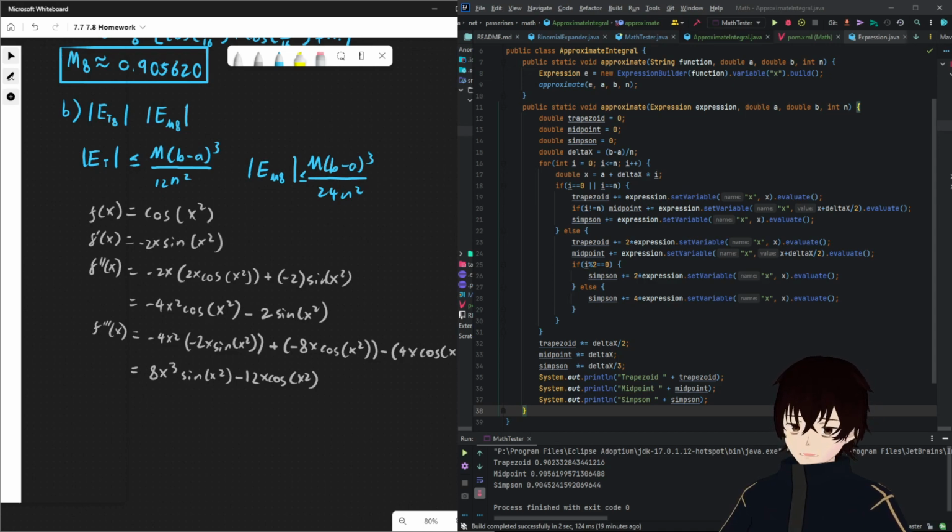How about 8x cubed sine of x squared minus 12x cosine of x squared? Looking a little messy. No. This is not it.